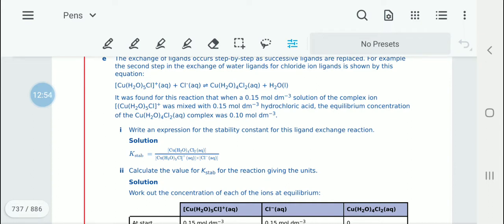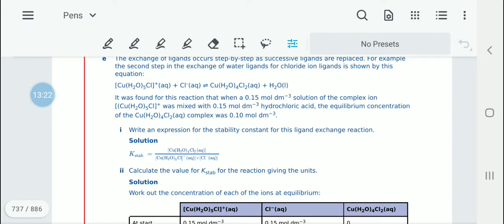It was found for this reaction that when 0.15 mole per cubic decimeter solution of the complex ion Cu(H2O)5Cl+ was mixed with 0.15 mole hydrochloric acid, the equilibrium concentration of the Cu(H2O)4Cl2 complex was 0.1. Write an expression. So the details have been given and they will ask you other questions.